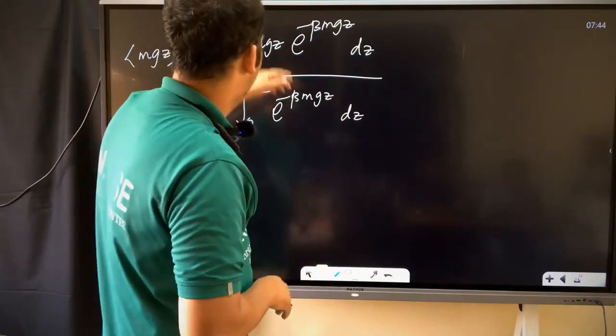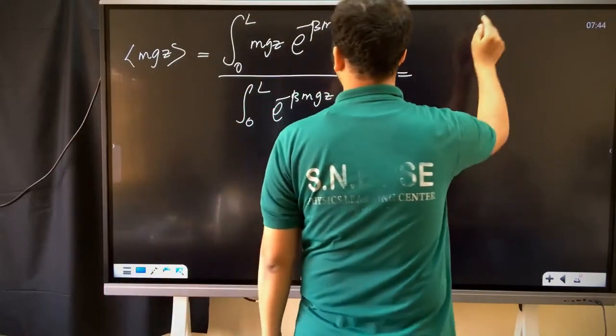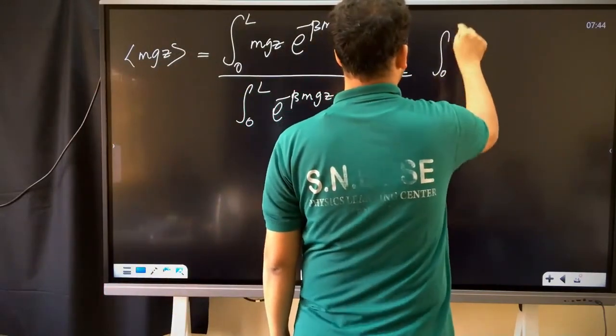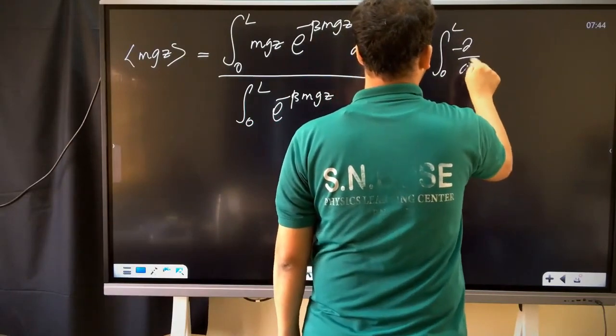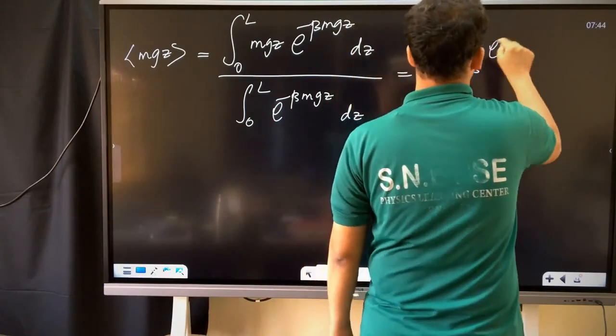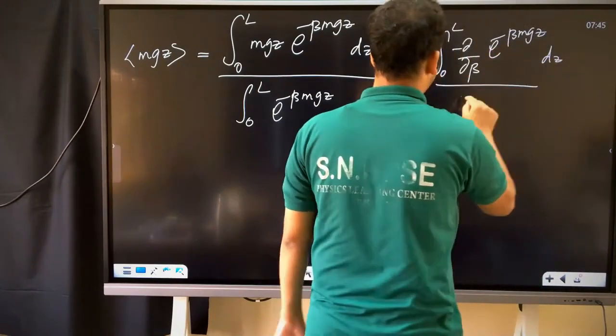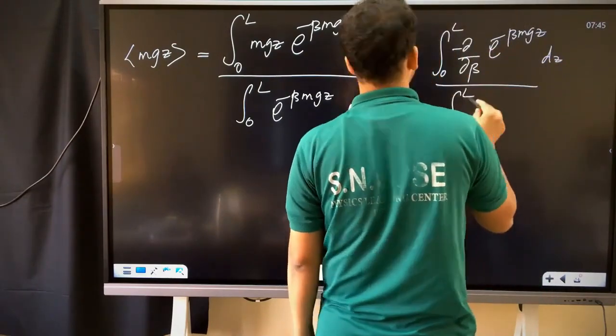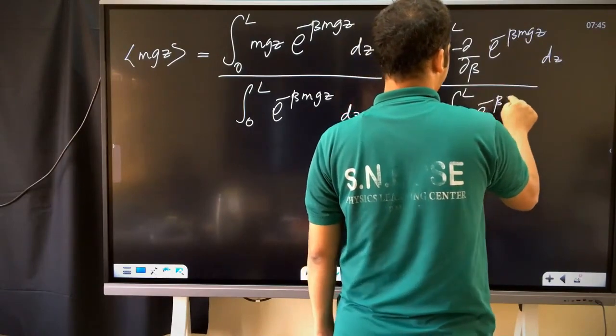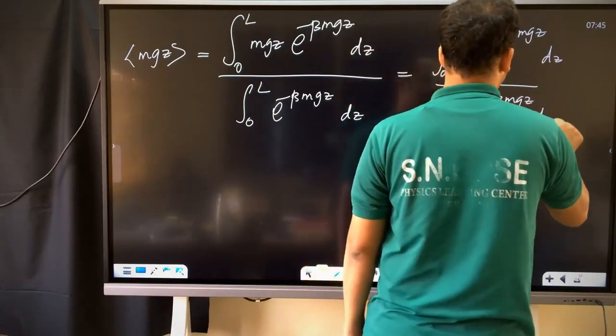Again, this can be written as minus dou by dou beta of the integral 0 to L of e to the power minus beta mgz dz, divided by the integral 0 to L of e to the power minus beta mgz dz. This is similar to that earlier problem.